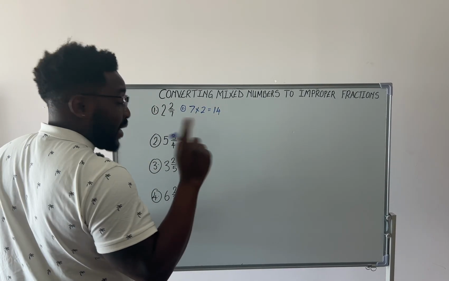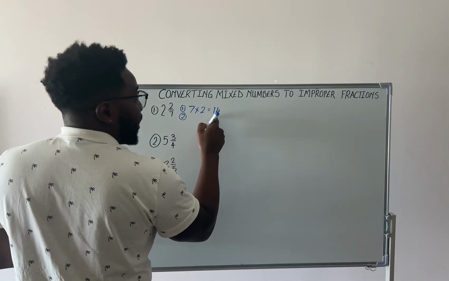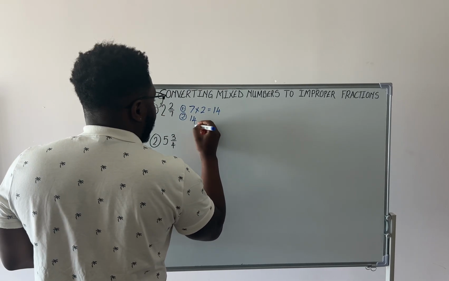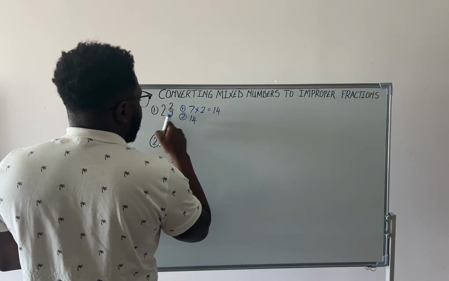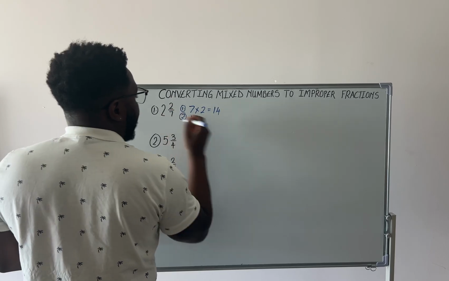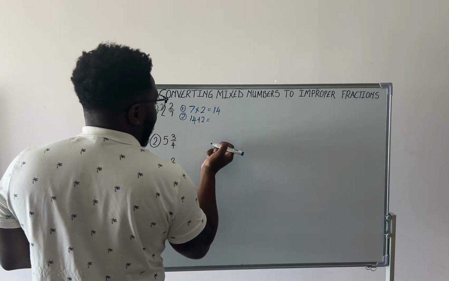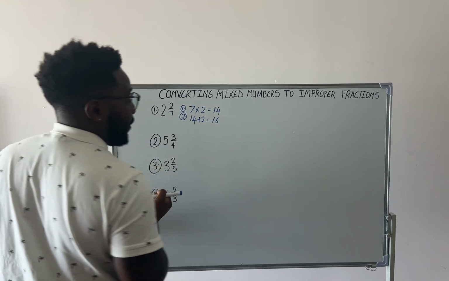Step number 2 would be adding this number 14 over here to the numerator. Our numerator is 2, so plus 2. 14 plus 2 is 16.